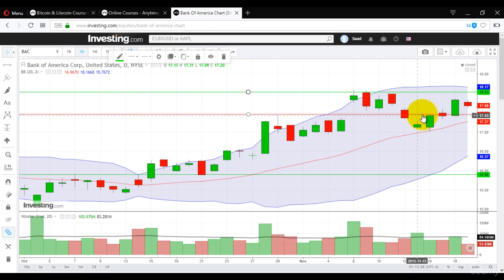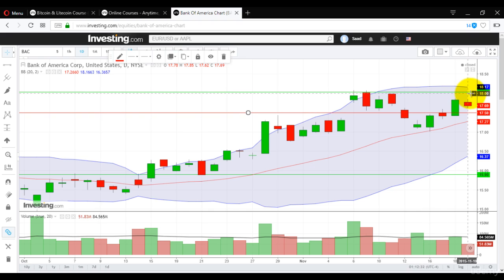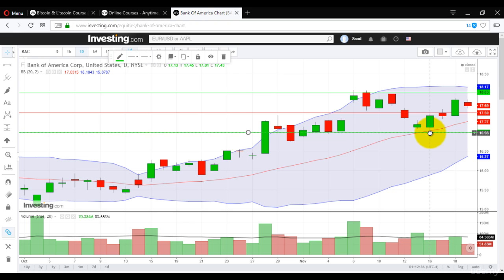Let's trade it at 1750, and 18 is our top and 17 is our bottom. Now if the price trades in between these lines, we make money.